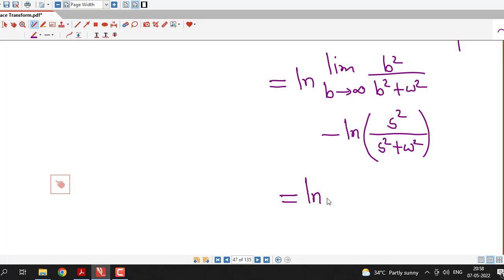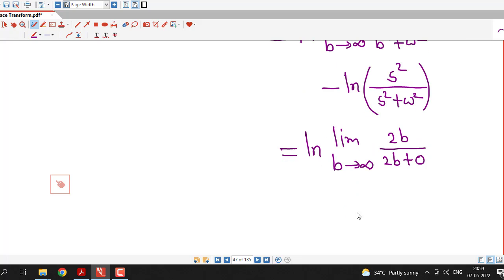We can observe that if we take b tending to infinity, we will have infinity by infinity form. So we can apply L'Hospital rule. For the limit b tending to infinity, we differentiate with respect to b. The derivative of b square is 2b, here also the derivative of b square is 2b, the derivative of omega square with respect to b is 0, and this is minus log of s square divided by s square plus omega square, so we keep this as it is.